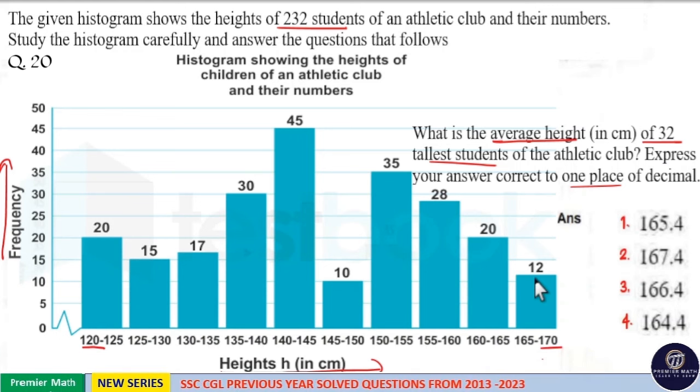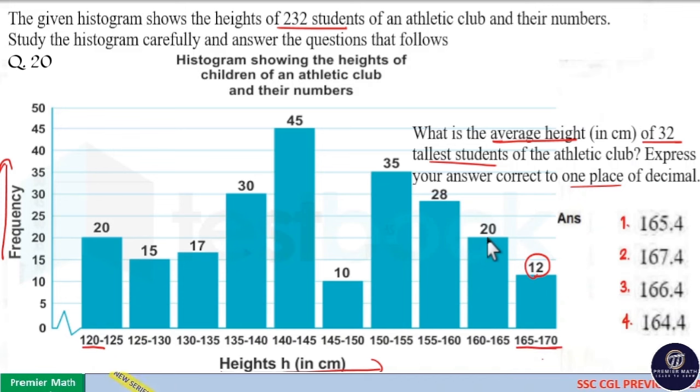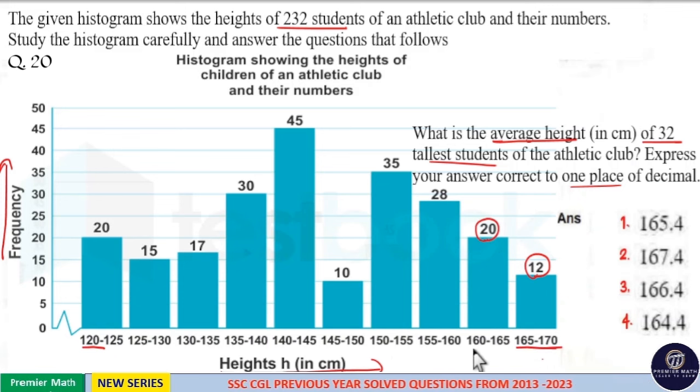Now you can see there are a total of 12 students whose height ranges from 165 to 170, and 20 students whose height ranges from 160 to 165, which means 20 plus 12, total 32 students. These 32 students are the tallest.